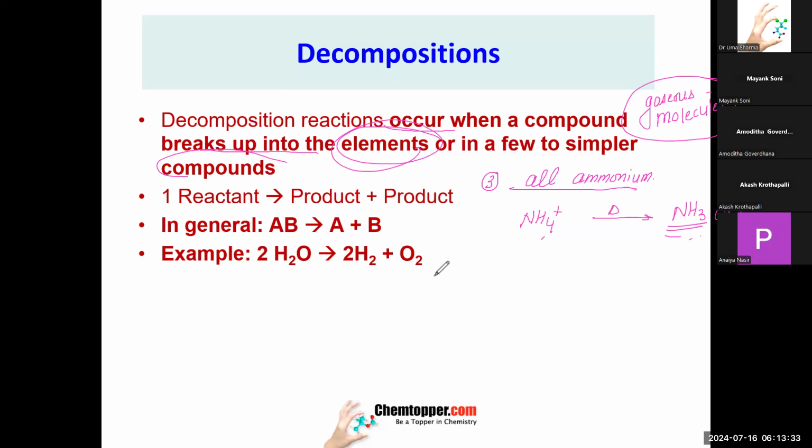Okay, so let's do the decomposition of ammonium chloride. So what is formed? Ammonia gas. What else? HCl gas. We have done this reaction, you remember? During effusion, diffusion, from one bottle ammonia is coming out. This is solid. White thick fumes.